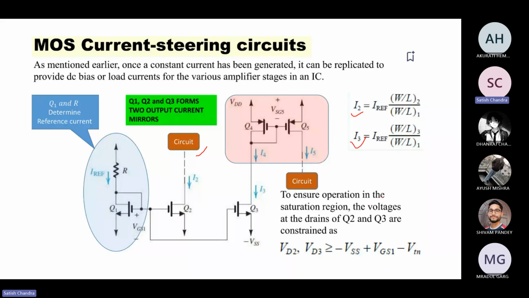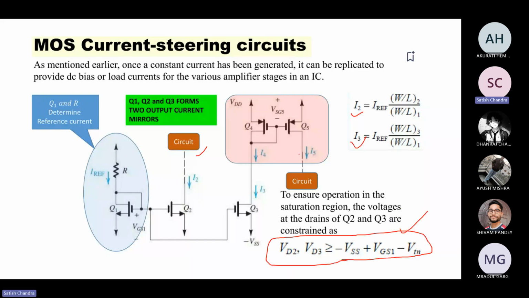To ensure operation in saturation, the voltages at the drains of Q2 and Q3 are constrained, that is, it should be like this only. VD2 and VD3 should satisfy the saturation region condition.